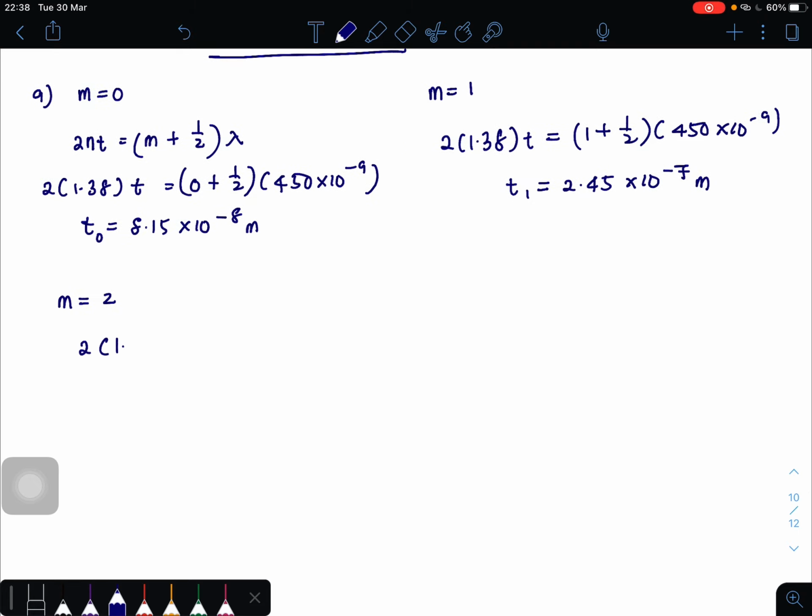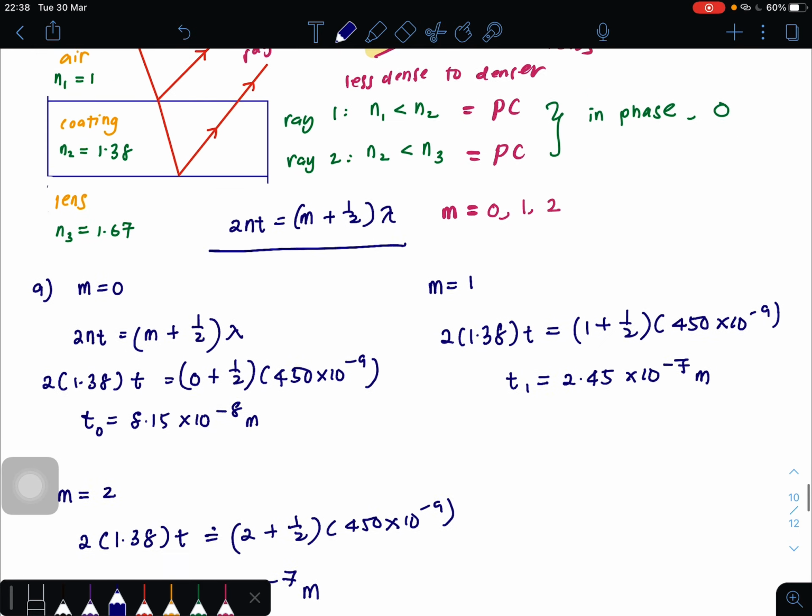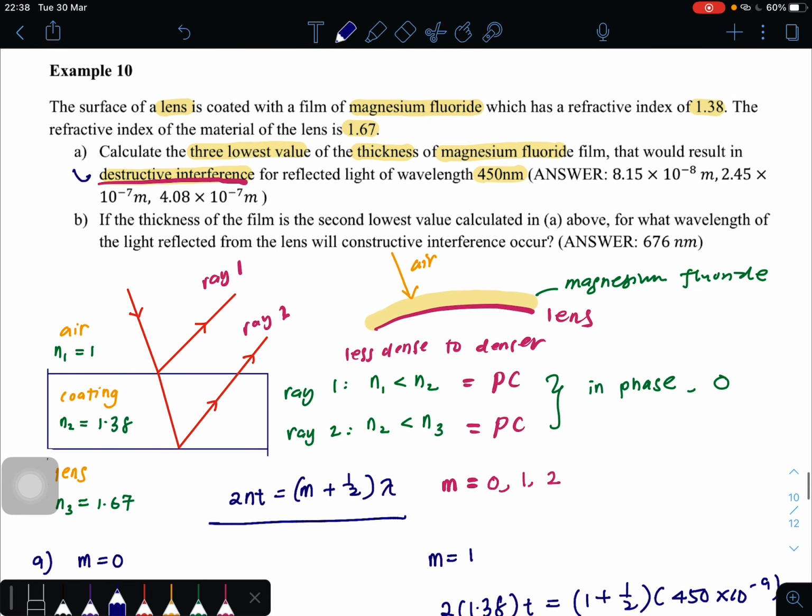So 2 times 1.38 times t is equal to 2 plus 1 over 2 times lambda. So you get t2 equal to 4.08 times 10 to the negative 7 meters. Okay, so that would be the first question.